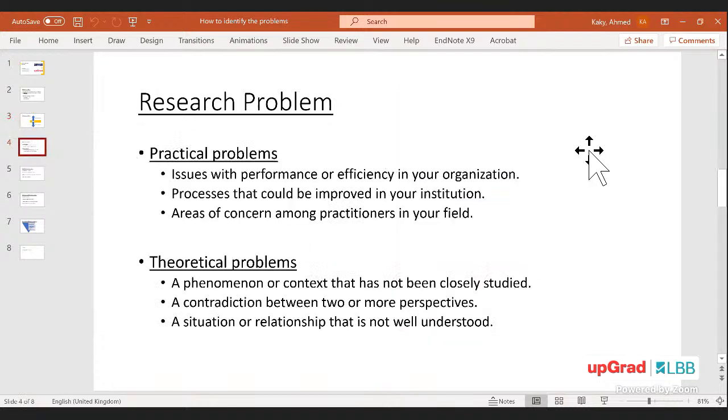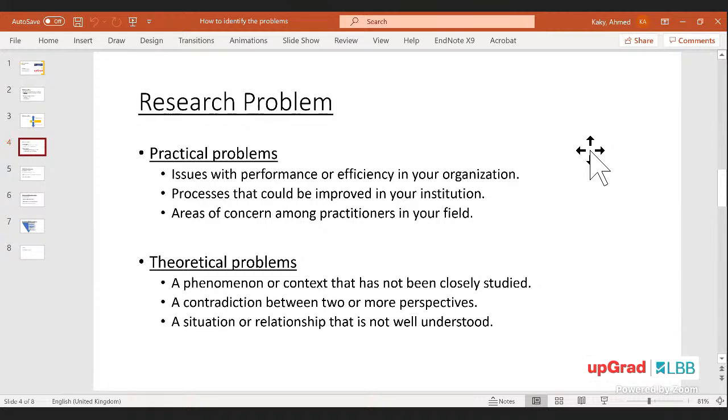When we talk about the research problem, we may think about practical problems or theoretical problems. When we talk about practical problems, you can identify a problem by reading reports, following up on previous research, and talking to people who work in relevant fields or organizations.